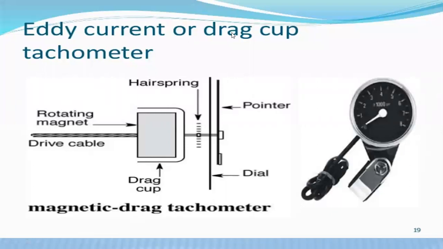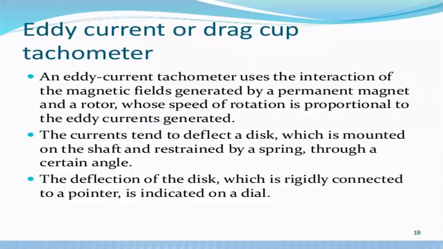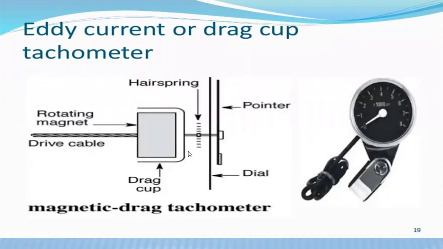In that device, we can place a calibrated scale on the dial. So that is the overall working of the eddy current tachometer. In the tachometer, the deflection of the disc, which is rigidly connected to a pointer, is indicated on the dial.